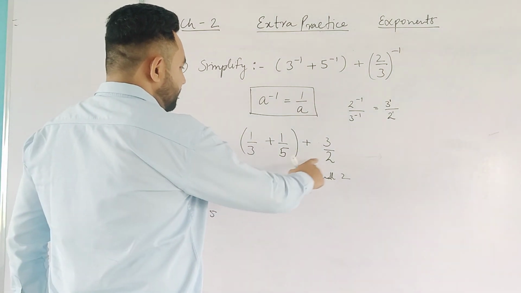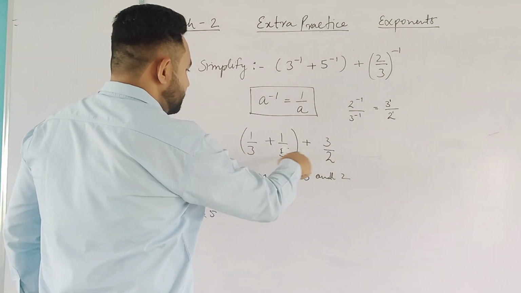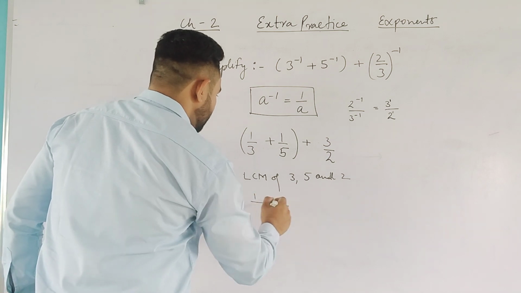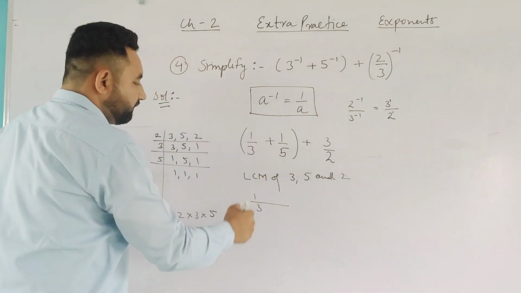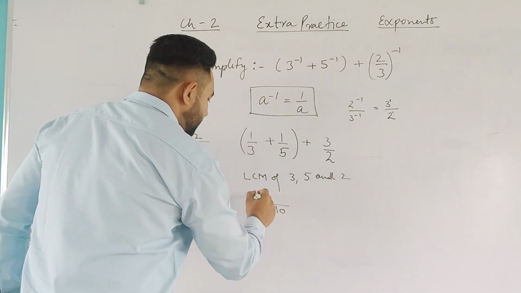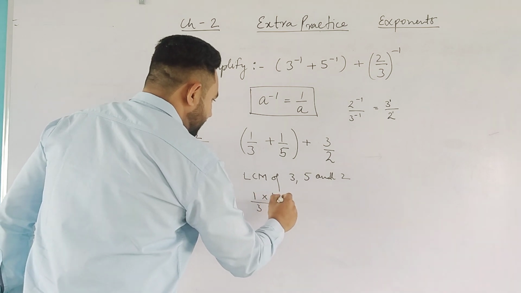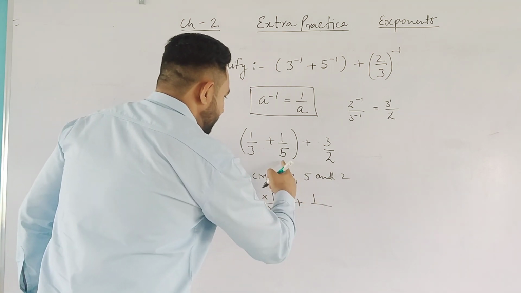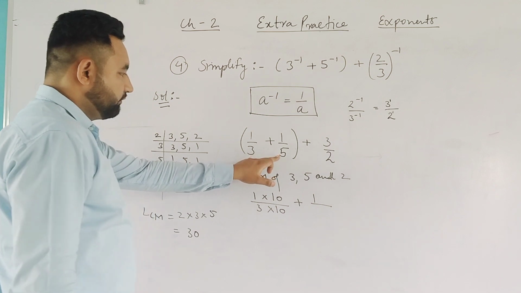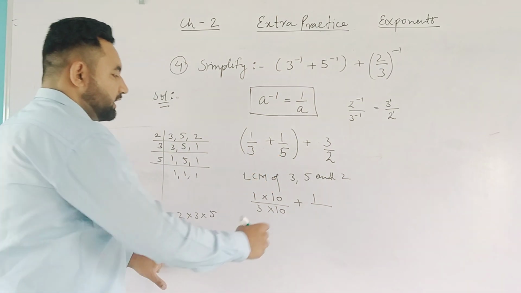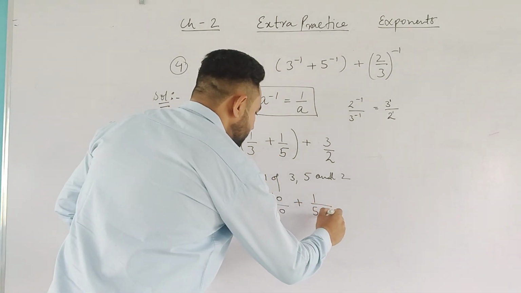Now, if the LCM is 30, we will make all the denominators 30. In order to make 1 by 3 into 30, by which number will you multiply? You will multiply it by 10. To make 5 as 30, you will multiply it by 6.